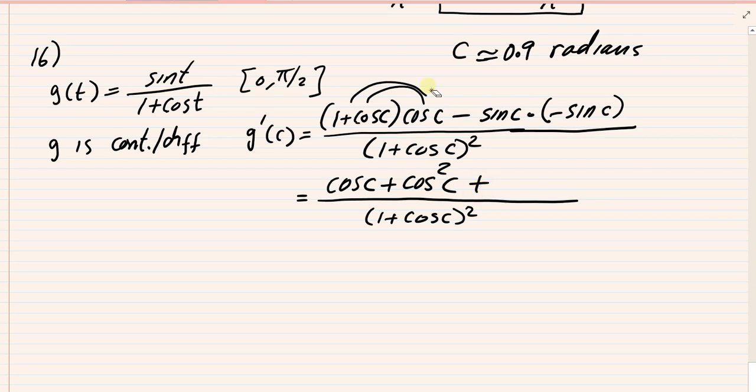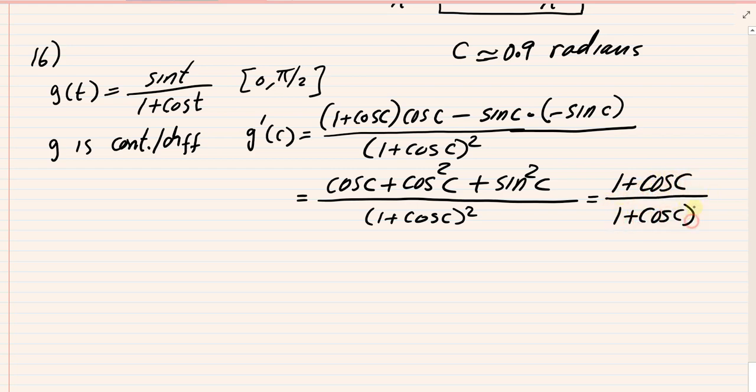The double negative on sine makes positive, right? And then I have sine squared c. Now using the Pythagorean identity, we get 1 plus cosine c over 1 plus cosine c squared. So it's going to work out nice in the end. Therefore, g prime at c is simply 1 over 1 plus cosine c.